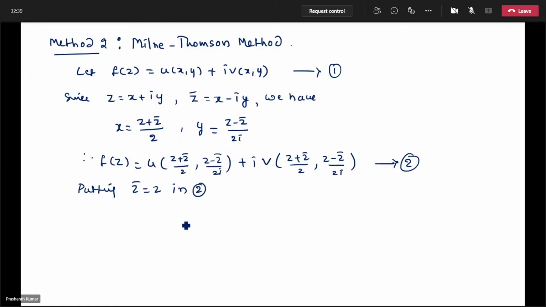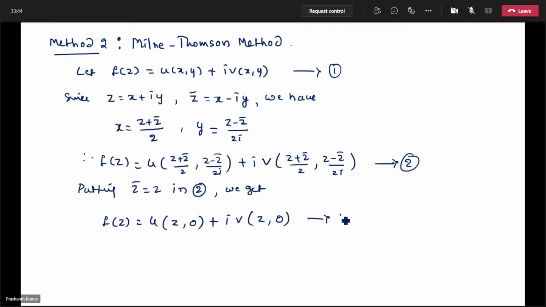So what will we get? f of z is equal to, when z conjugate is equal to z, u of (z plus z) by 2, that is 2z by 2 means z, comma, (z minus z) by 2i, so z conjugate is z, z minus z is 0, plus i into v of z plus z conjugate is z, then 2z by 2 is z, comma 0.